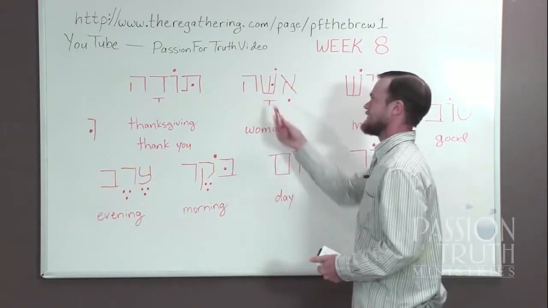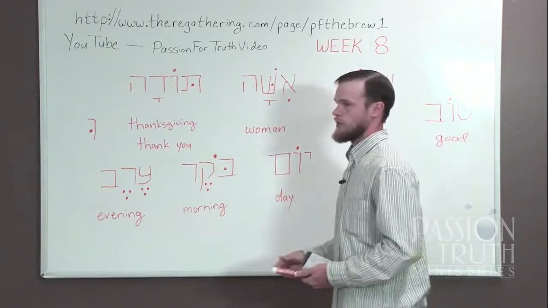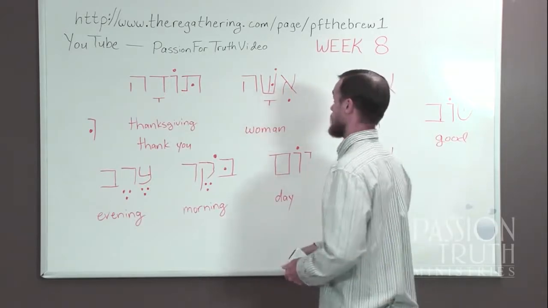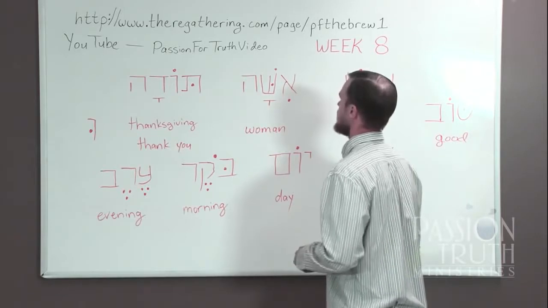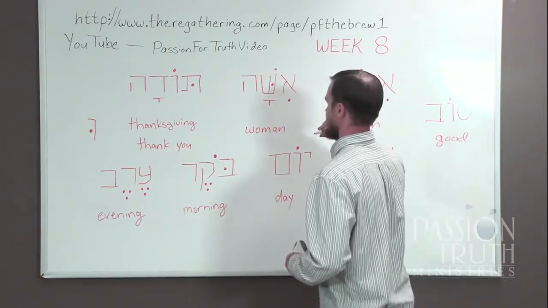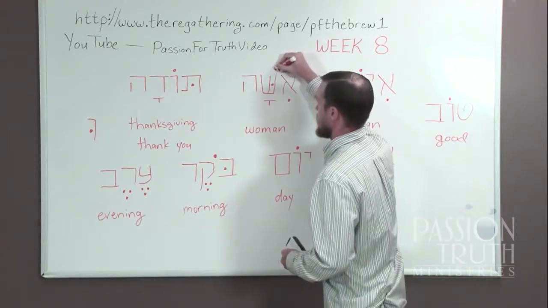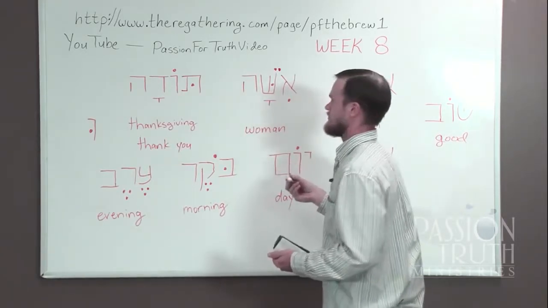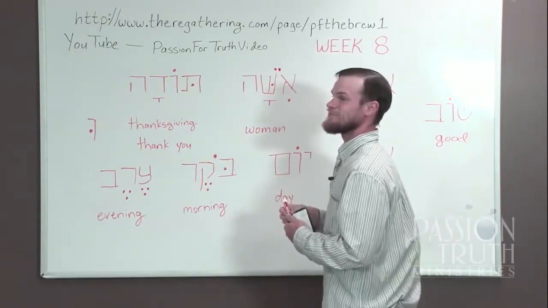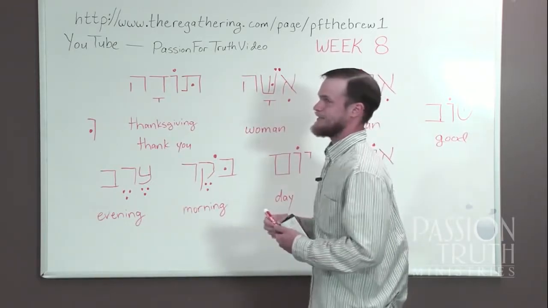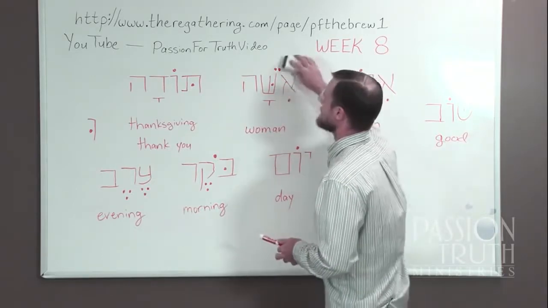Their method of differentiating between sheen and seen is a little unfortunate on that end. It's still clear, but you can have a cholam right before it. Sometimes they use the same dot for both purposes. They will indeed.